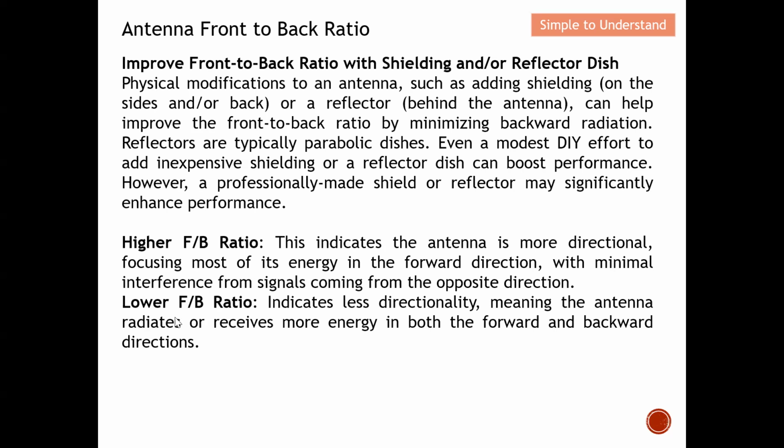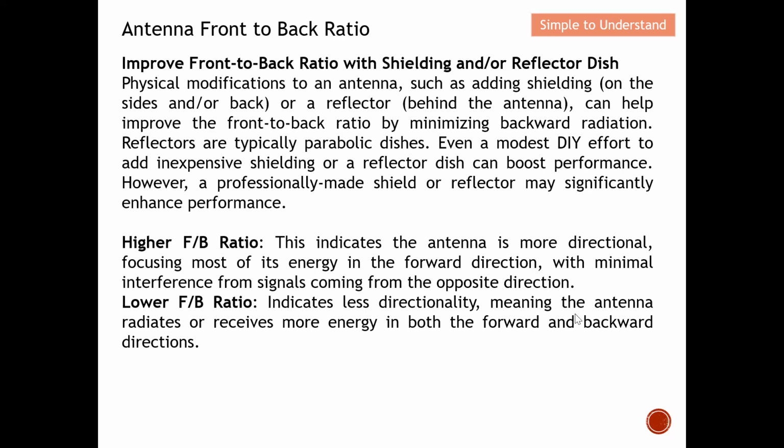Next I would like to emphasize a little on a lower front to back ratio. What will happen? When the front to back ratio is a very small number, this indicates less directivity, which means the forward radiation is much less and the backward is much stronger. So this antenna is less directional, because it also focuses on the backside.